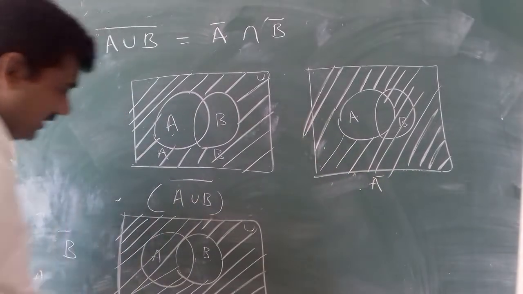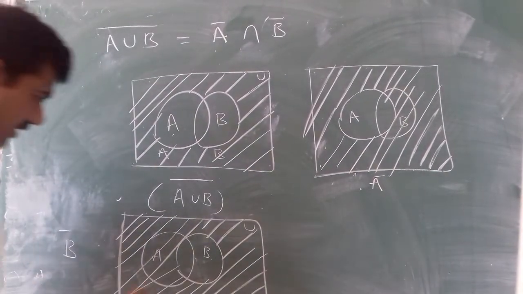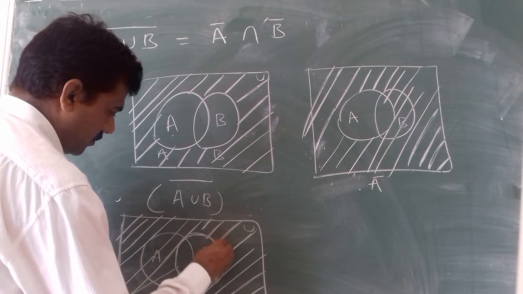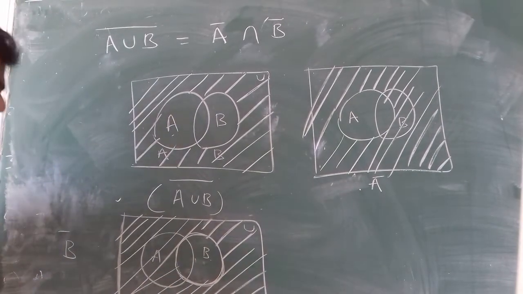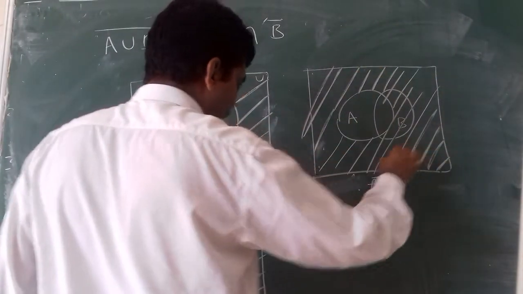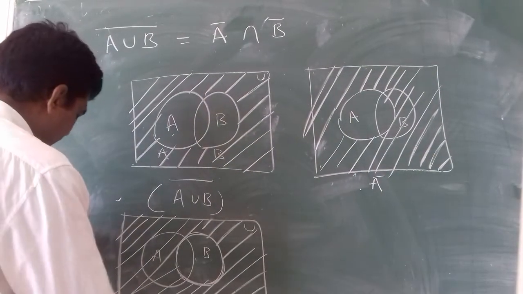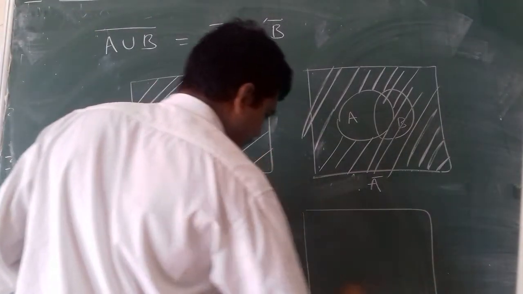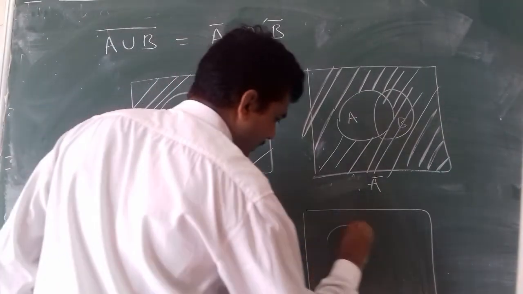Now we see the intersection between these two. Intersection of these two. So common between these two. So first, that is the shaded portion outside, and then we take the intersection of these two. So we get the result as this diagram.